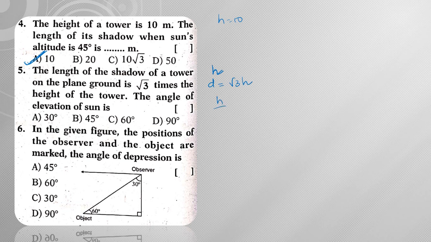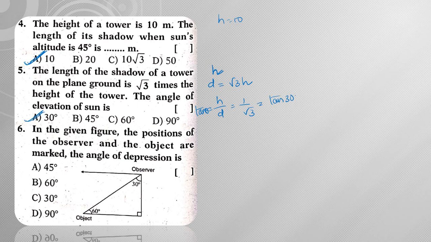So what is the value of h by d then? The value of h by d is nothing but 1 by root 3. But we know h by d is nothing but tan theta. Now 1 by root 3 is nothing but tan 30 degrees. So from this, the angle of elevation is 30 degrees.